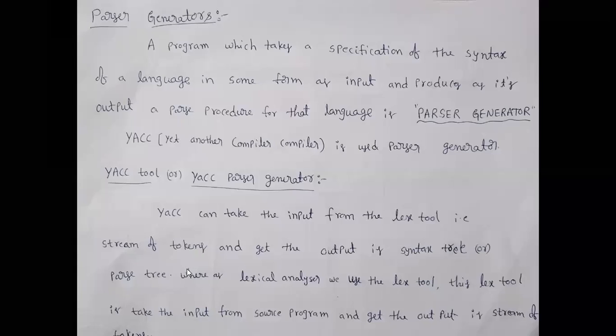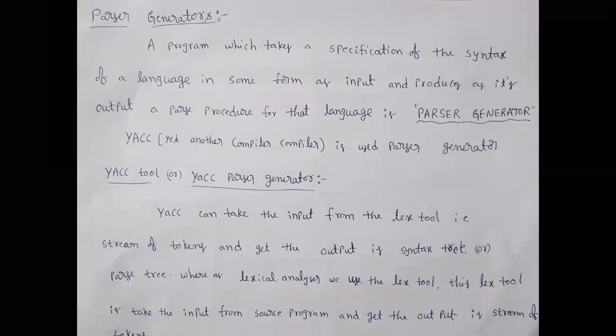Whereas for the lexical analyzer we use the Lex tool. This Lex tool takes the input from the source program and gives the output as a stream of tokens. The source program is converted into a stream of tokens by using the Lex tool.